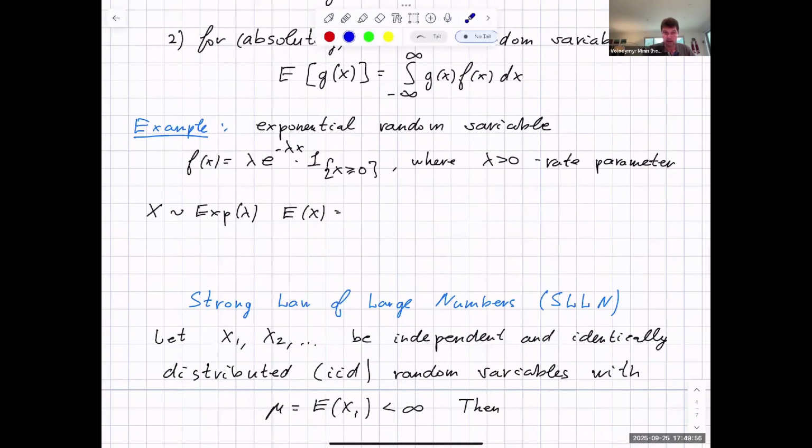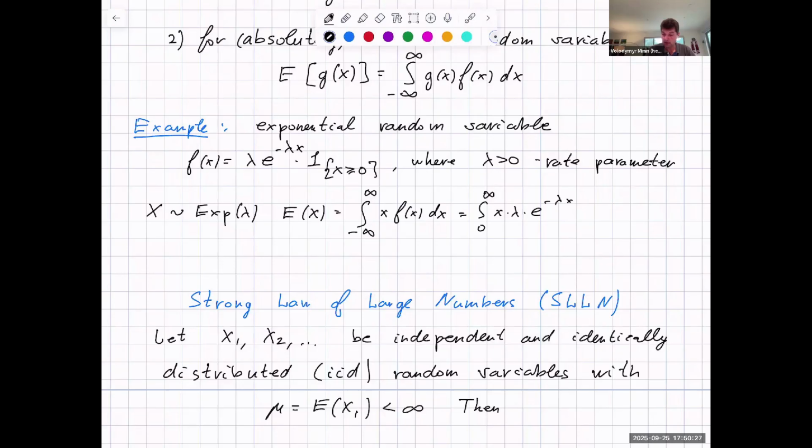Just to remind you, an exponential random variable, for example, has a density which exists only on non-negative real numbers, and lambda is your parameter called the rate parameter. In this case, you would compute, for example, the expectation of x as an integral, technically from negative infinity to infinity, but because of the indicator function in the density, it's really from 0 to infinity of x lambda e to the negative lambda x.